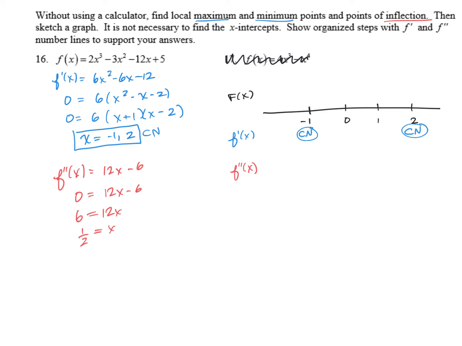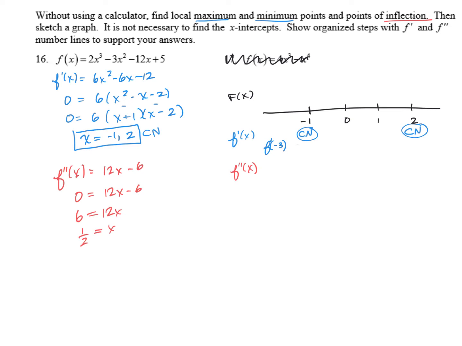So you have to look at what's happening before. If we put a number into the first derivative, say something less than negative 1, like f of negative 3 into the first derivative, so f prime of negative 3, you're going to have a negative and a negative, and two negatives make a positive.